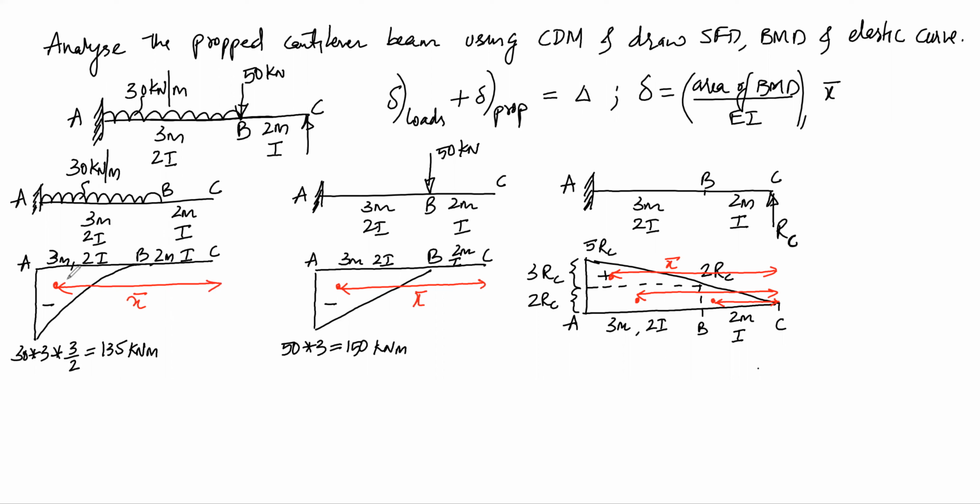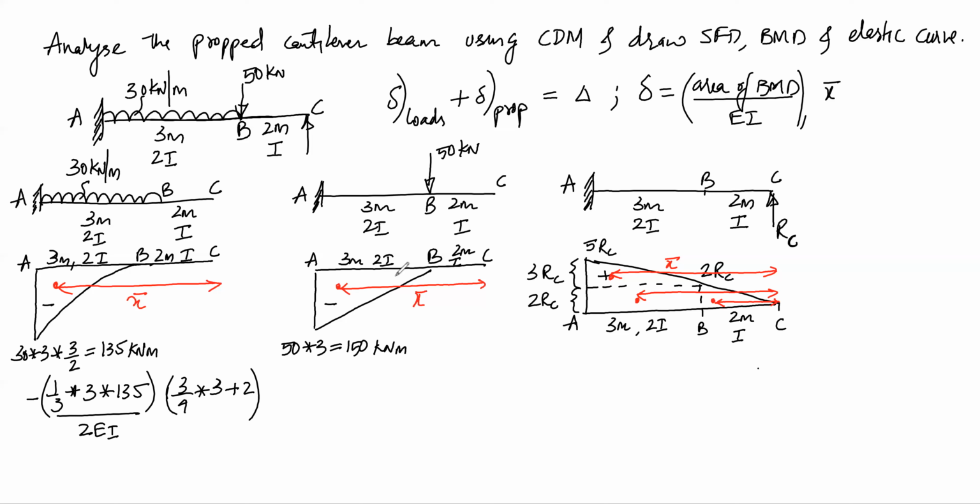So for the first BMD, the area will be, it is hogging BMD, so it will be minus 1/3 base into height divided by, this is 2 EI, so this will become 2 EI, and the centroidal distance will be from this point till point B, it is 3/4 of the base, and the remaining is 2 meters. So this will be 3/4 of 3 meters plus 2 meters.